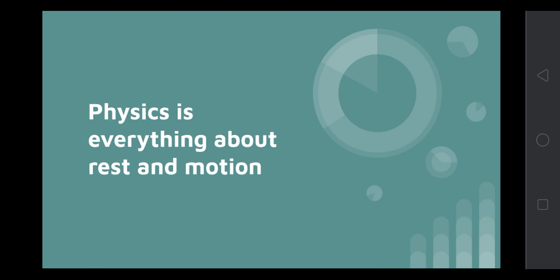For example, rotatory motion is where the object rotates, and oscillatory motion is periodic. Another type of motion in nature is vibration, which also comes under oscillatory motion. These are the types of motion.